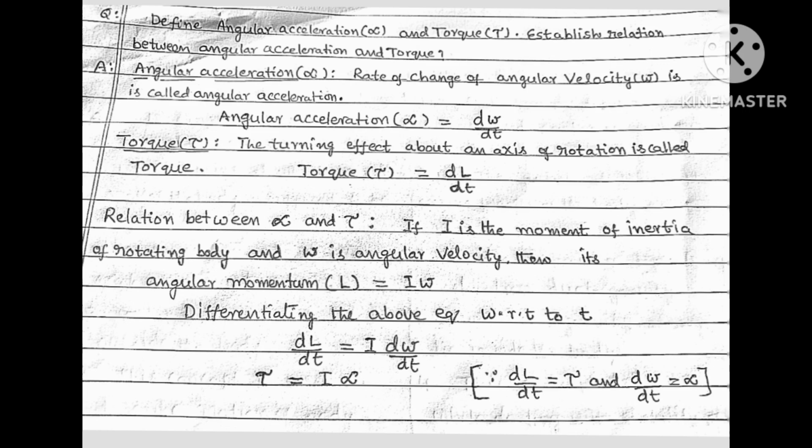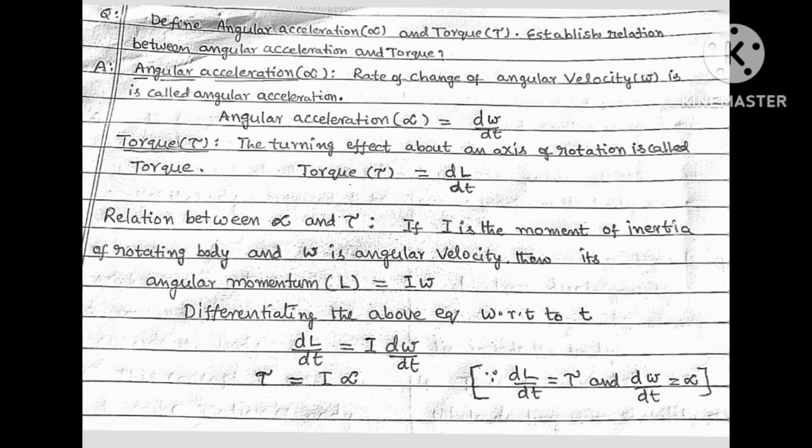Relation between angular acceleration alpha and torque tau. If I is the moment of inertia of a rotating body and omega is angular velocity, then its angular momentum L equal to I omega.